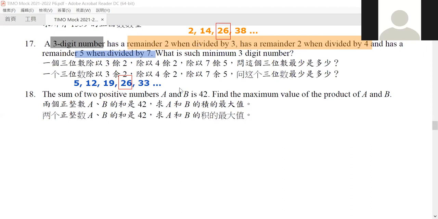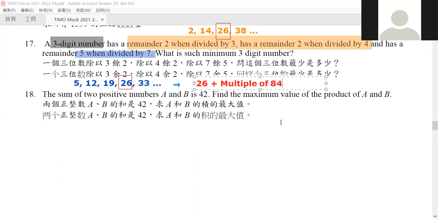Once we get the base case, we know that our answer must be 26 plus something. That something is a common multiple of 3, 4, and 7, which is 3 times 4 times 7, equal to 84. So it will be 26 plus a multiple of 84.